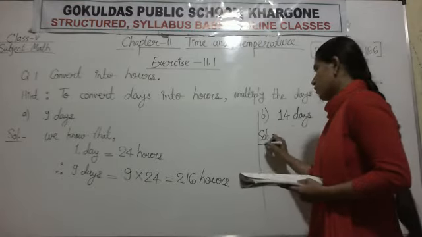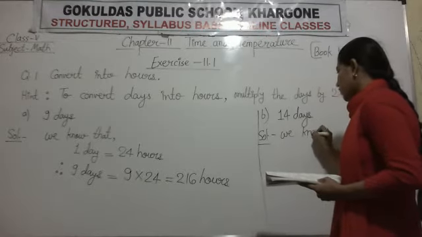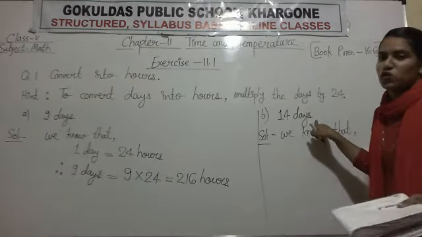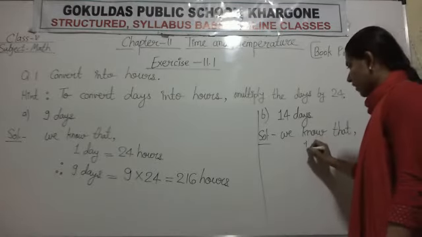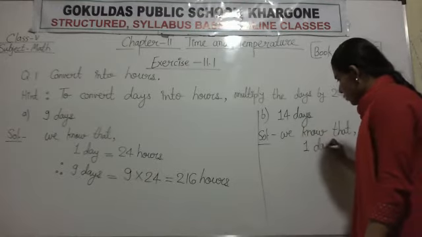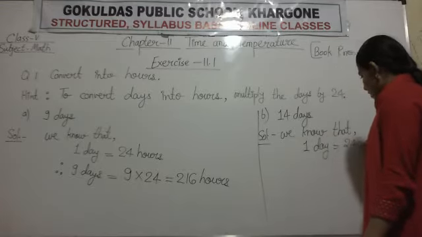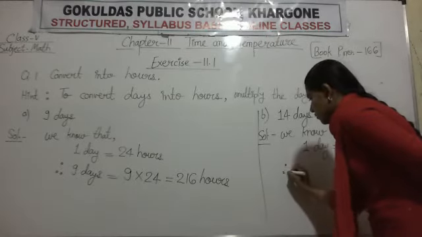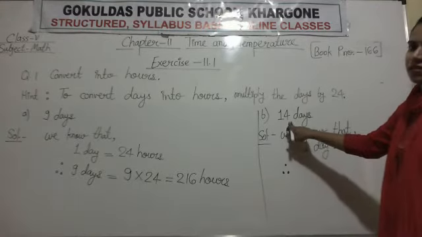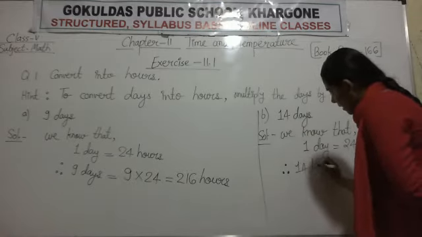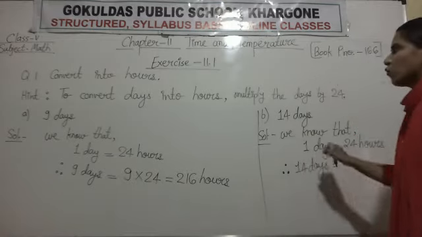So let us solve. We know that, as days are given, 1 day is equal to 24 hours. Therefore, for 14 days, 14 days is equal to, what is the trick?